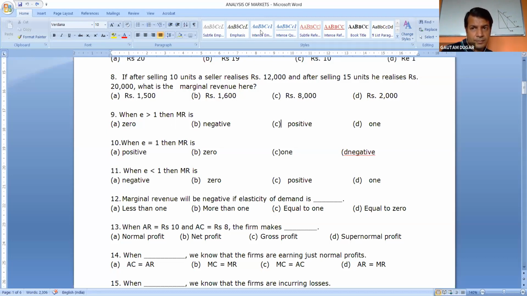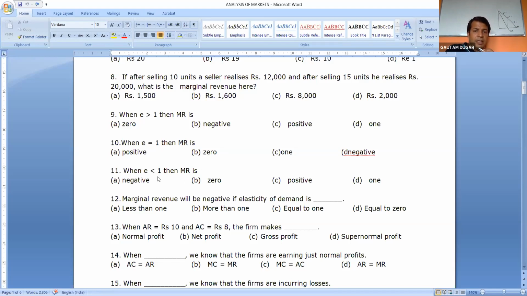10. Number 10, when elasticity is equal to 1, MR is 0.